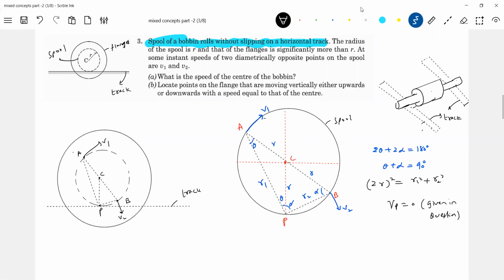Therefore, this entire thing will be rotating with an angular velocity omega c, and the center of mass will have velocity vc. Okay, fine.